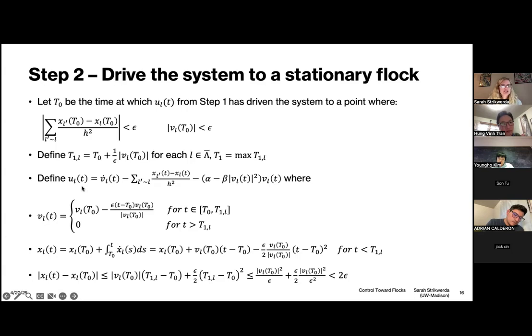And so for step 2, we define our control UL of t to be equal to VL dot of t minus the sum of the XL prime of t minus XL of t over h squared, and then minus this nonlinear term as well. And so what we notice here is that this UL, if I plug it into the equation, then the equation will just automatically be satisfied.